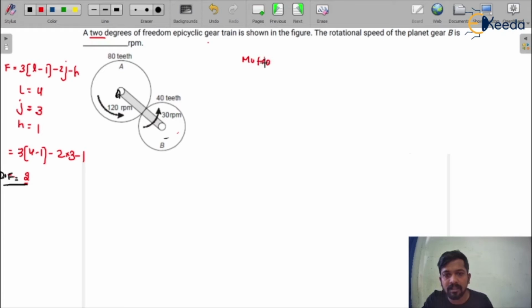In the first block I am considering motion, in the second block I am considering the arm, in the third block I am considering A, and this is B. We just have to draw the blocks.